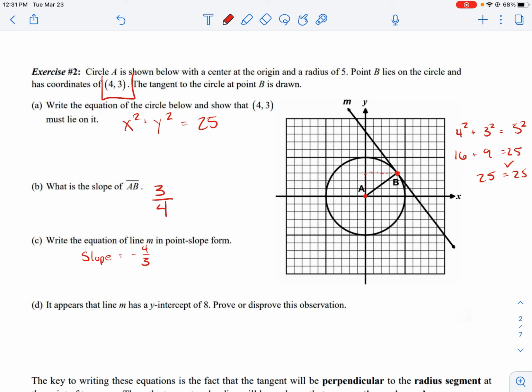Well, (4, 3). That appears to be the point where it is touching our circle. So we're going to go y minus 3 is equal to negative 4/3 times (x minus 4). Right, in point-slope form.